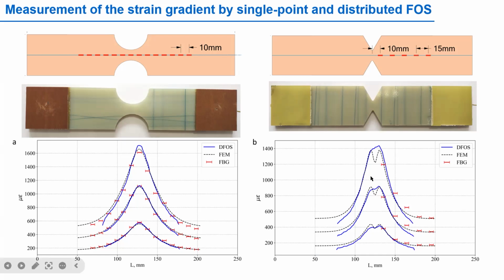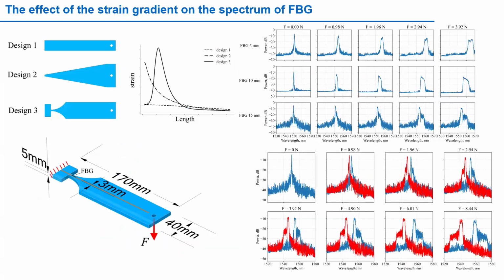You can see that the results of measurement are quite satisfactory, but in some of the locations where strain changes rapidly, it is still difficult to analyze strain even by distributed fiber optic sensors based on Rayleigh scattering, despite the fact that they have one of the best longitudinal resolutions among all the sensors.